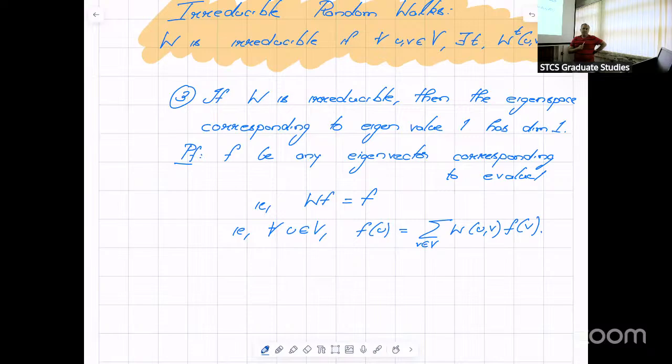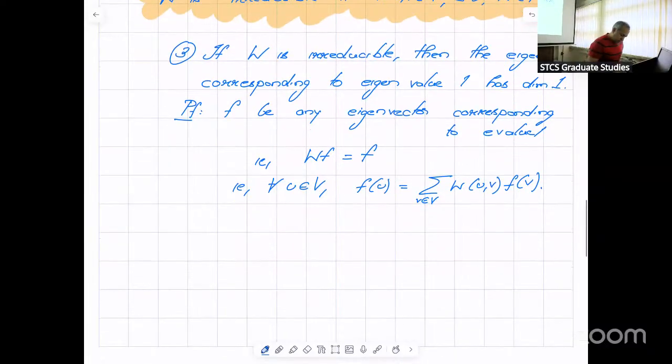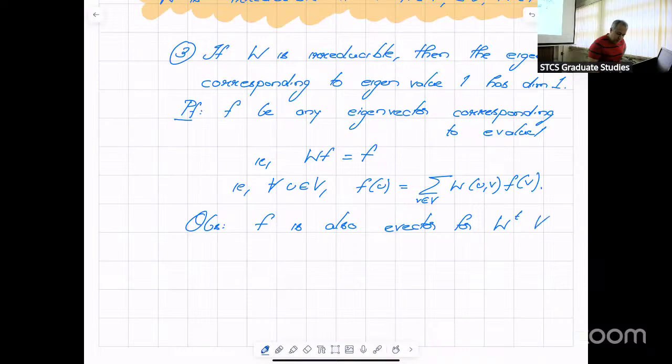Why? Let's make one more observation. If F is an eigenvector for W, then F is also an eigenvector for W^t for all t, with eigenvalue 1.